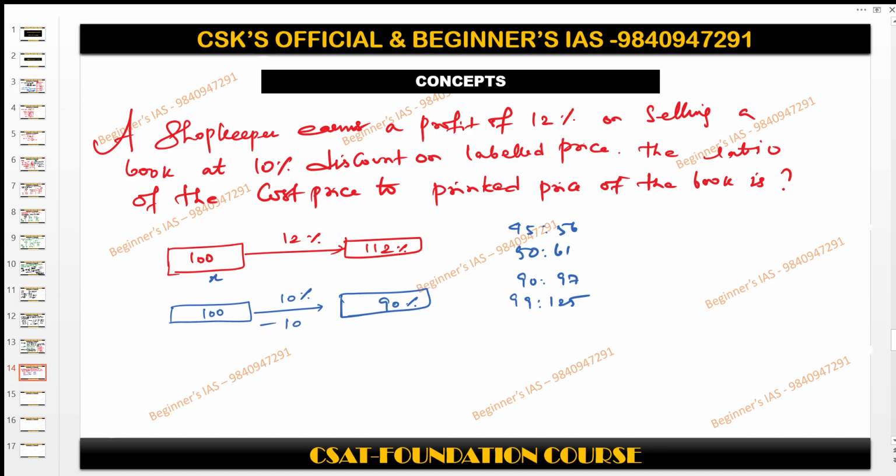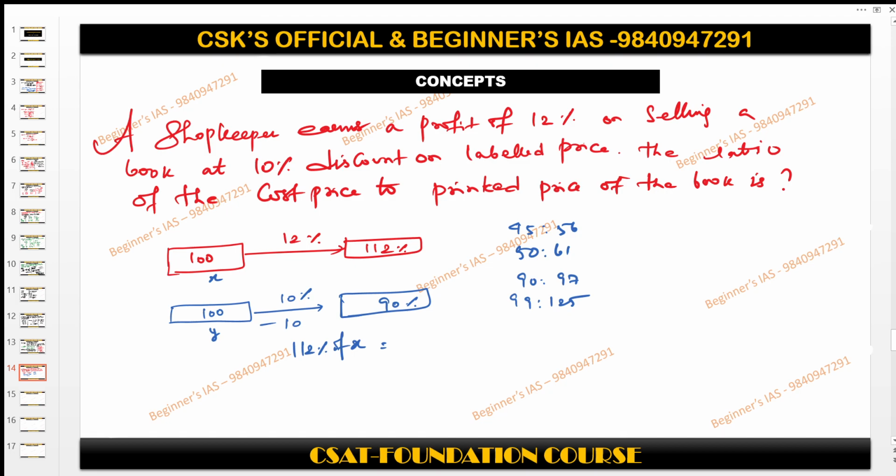This much of article, this much of cost price. 112 percentage of cost price is equal to the selling price. Here, this one is nothing but Y, the MRP.